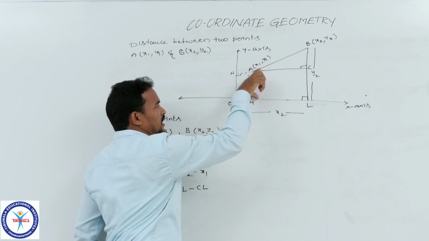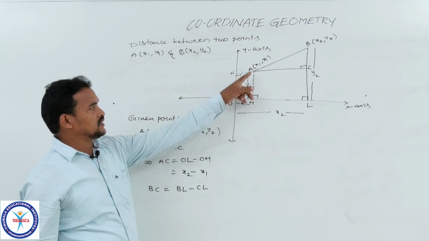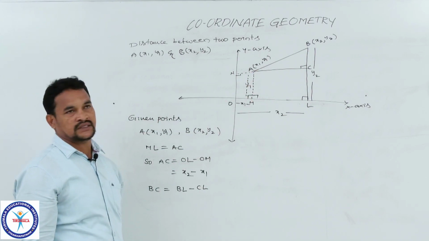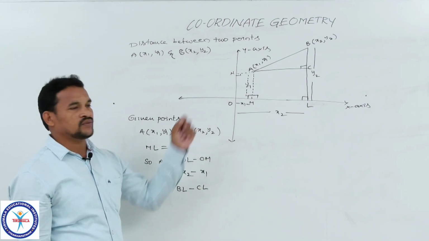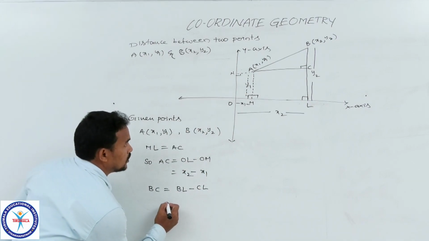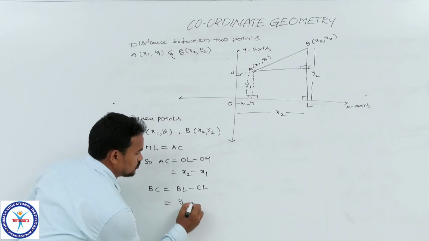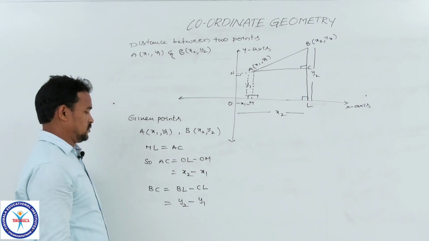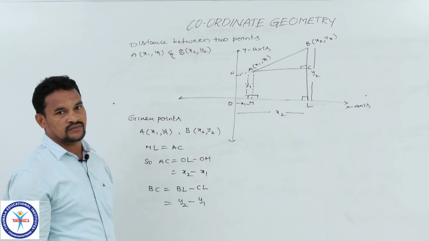CL is AM, the perpendicular distance from A to the x-axis, which is y1. So BL is y2 and CL is y1. Here BC equals y2 minus y1.